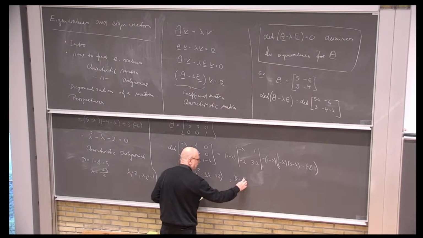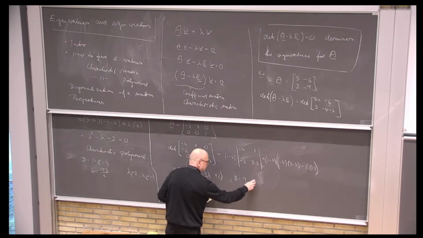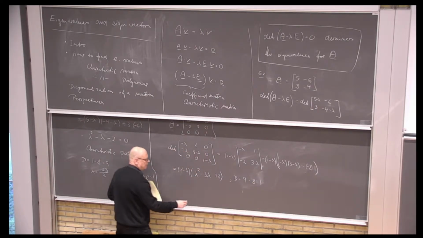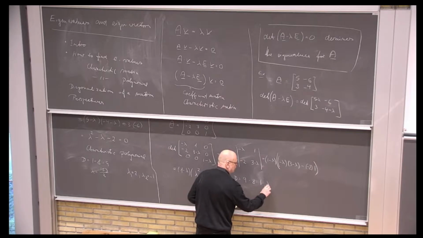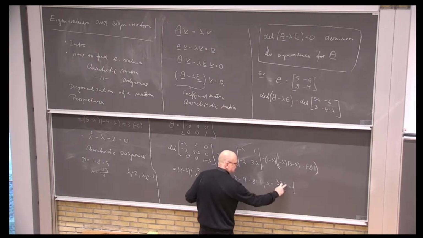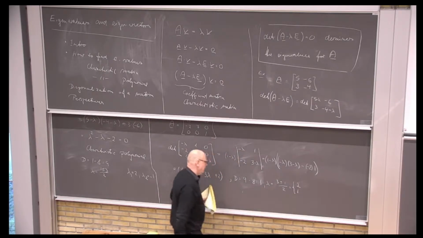That will be 9, and then -4 times 2, that's -8. So the solution here is 3 plus minus 1 divided by 2, and this is 2 and 1.